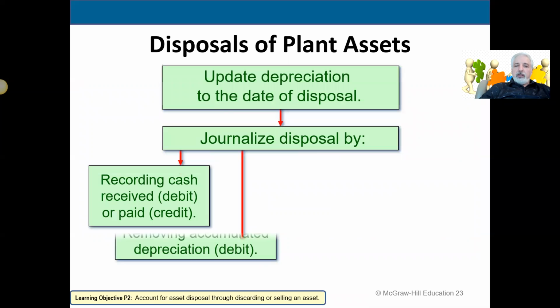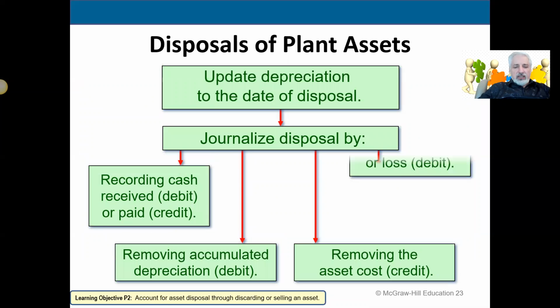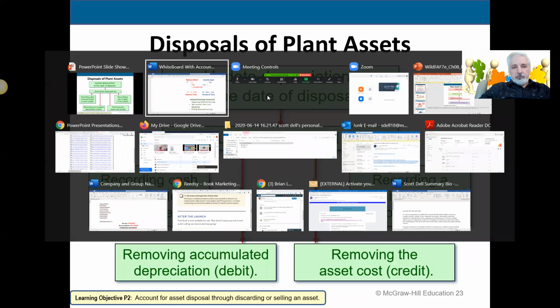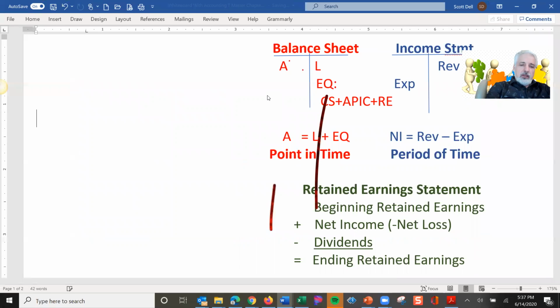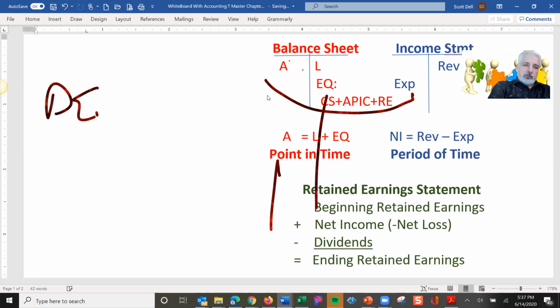So when we sell something, what happens? Let's take an example and look at selling something. I told you, getting the assets over to the expenses, depreciation expense, you debit depreciation expense and credit accumulated depreciation.